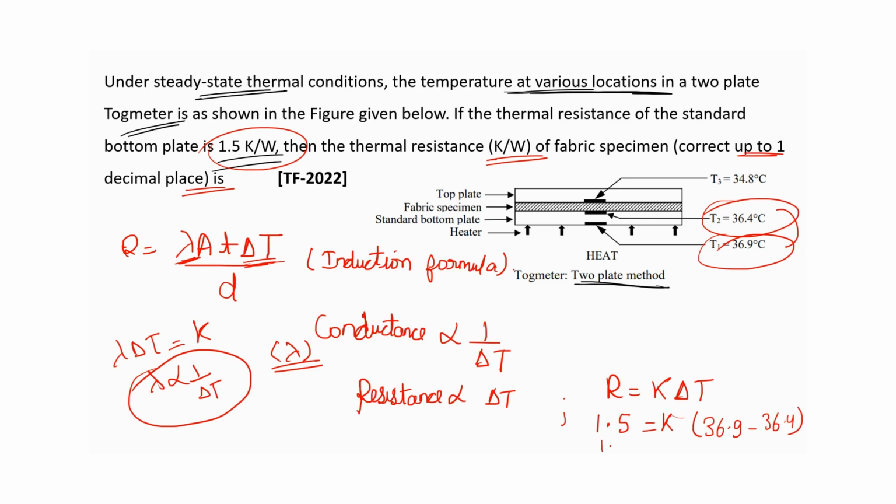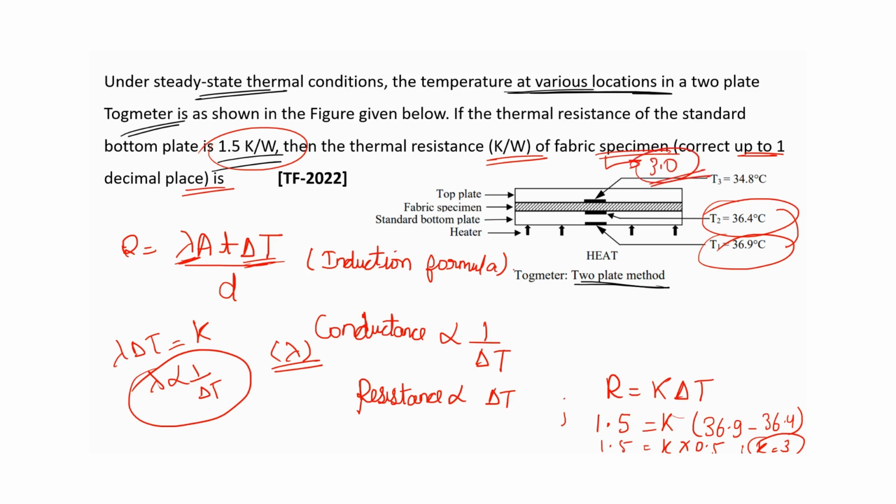So 1.5 is equal to K into 0.5. Then K comes out to be 3. So the value of K for the fabric specimen, correct up to 1 decimal place, is 3.0.